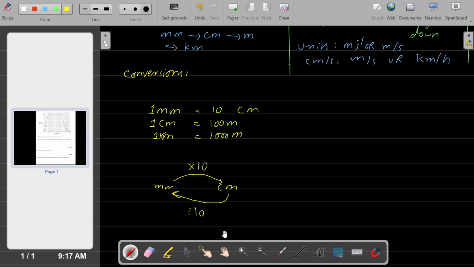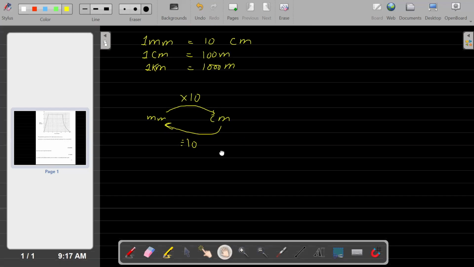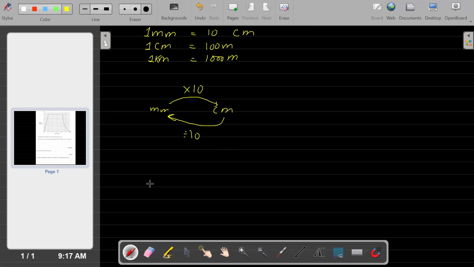Is it clear, Fatma? Yes, miss. Same way, if you want to move from meters to centimeters, you multiply with 100, and from centimeters to meters, you divide by 100. Clear, Fatma?